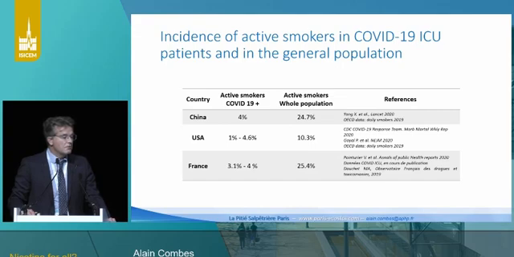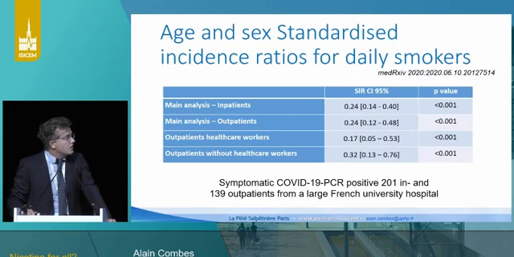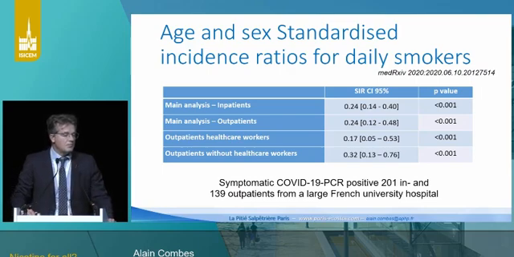The first data from last year also showing very low rates of smokers, and we confirmed that initially in a large series of patients diagnosed in our hospital, La Pitié-Salpêtrière in Paris, France, patients with symptomatic COVID-19 and positive PCR. There were 201 in-hospital patients and 139 outpatients.